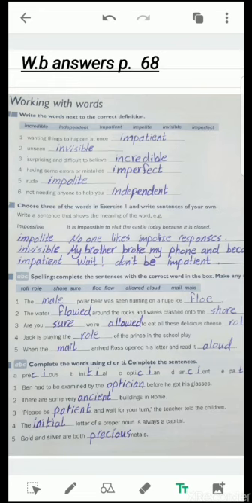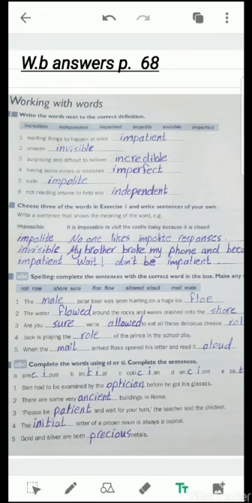Exercise number 1. Write the words next to the correct definition. We have to write the correct word beside each definition. Matching.